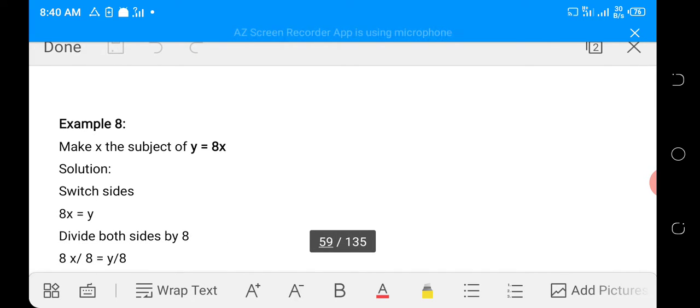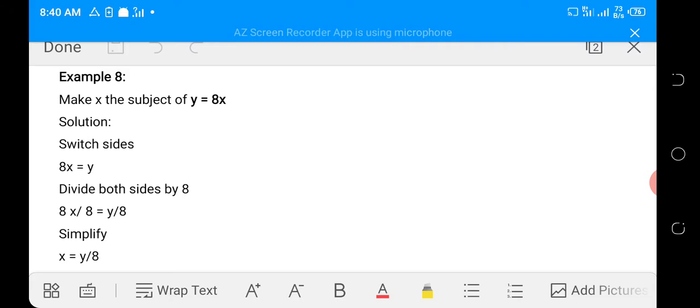Example 8. Make x the subject of the formula y is equal to 8x. Solution. Let's switch sides. We rewrite it as 8x is equal to y.